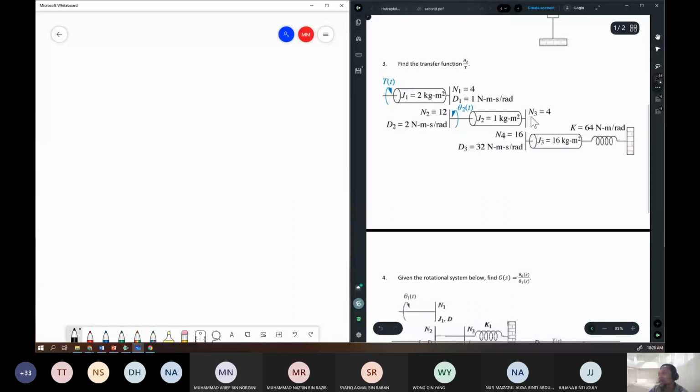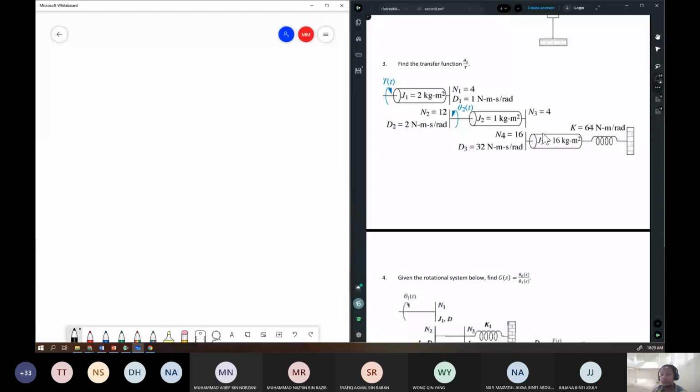Then it affects N3. N3 also stops moving, and then it affects N4. N4 also will stop moving. So in this system, if you fix one of them, then the overall system will stop moving. So this means that the system is 1 degree of freedom. Okay. So only one movement only.